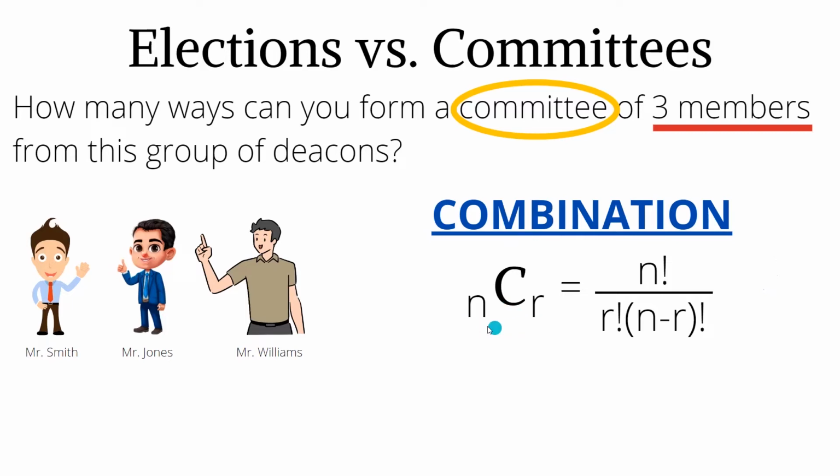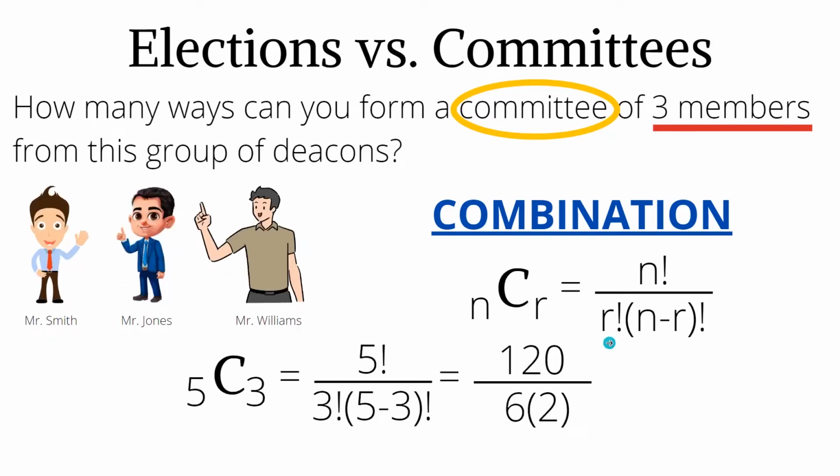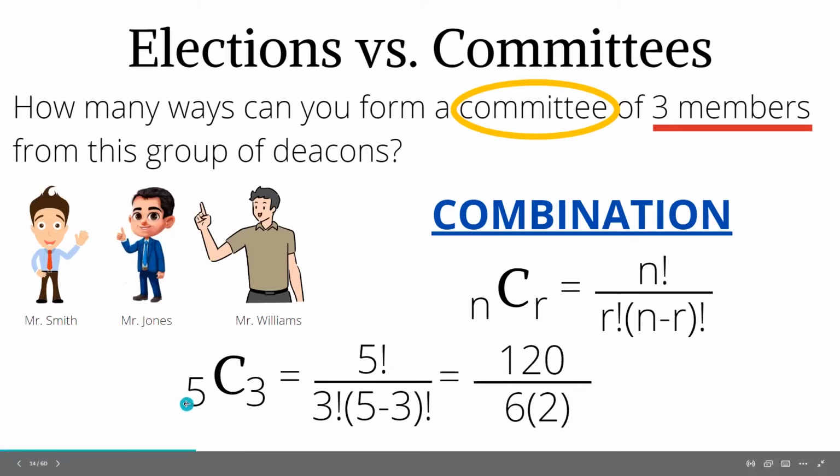You still have the same: this is your total number of people, and this is how many you're choosing from that total. All right. So when the order does not matter, you're going to use this formula. Looks very similar. The only difference is this part right here where it has r factorial at the beginning down here in the denominator.